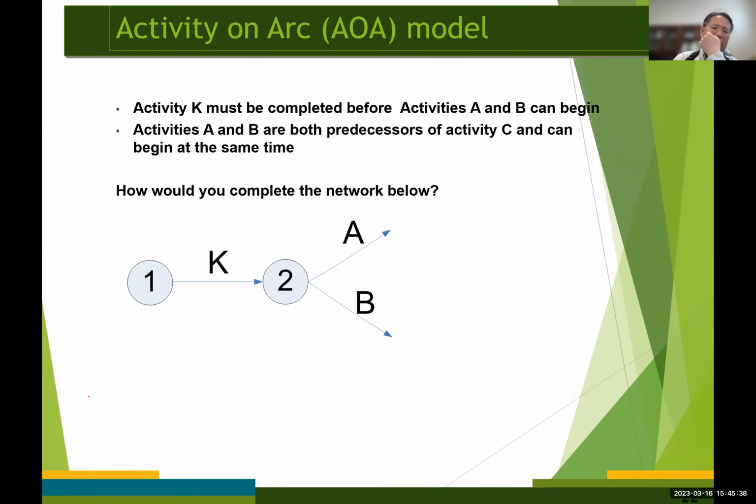Then how do you complete the network diagram here? What if I have event 3 here and then activity C, then make a connection like this? Does that work?